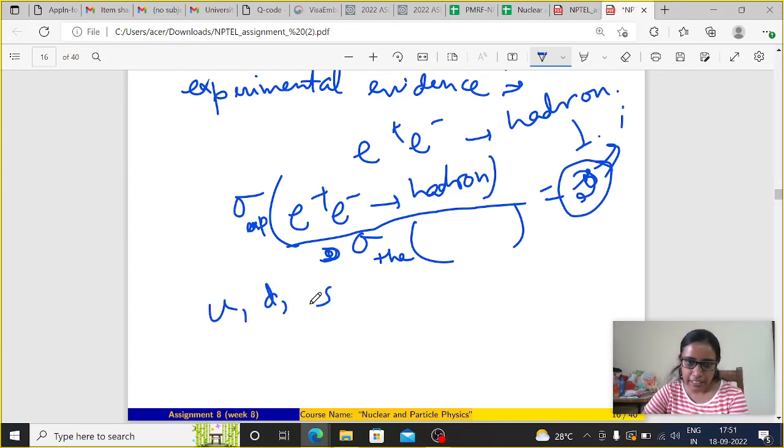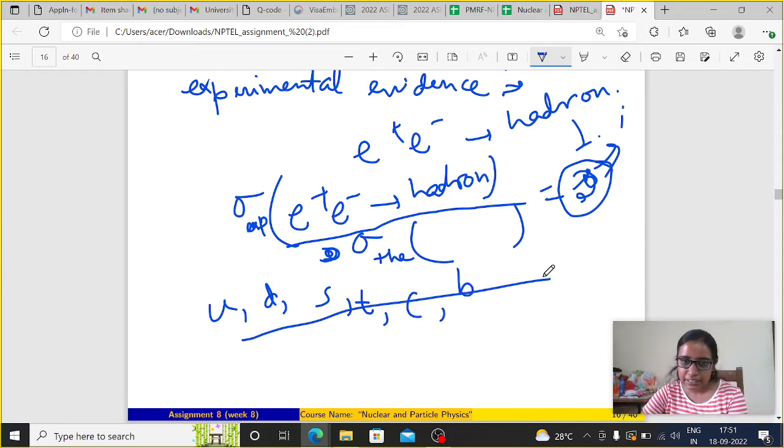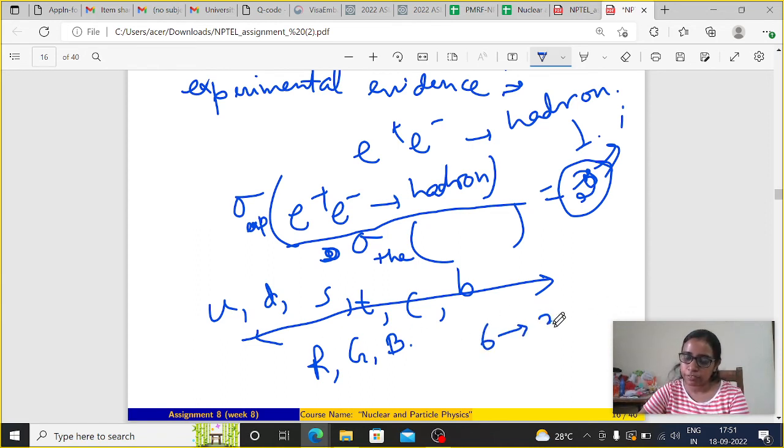U, D, S, T, C, B, these 6 quarks are there. Each and every quark can have 3 colors: R, G, B. So what will be the total combination? 6 particles can have 3 each, so that means 18 types can be there.